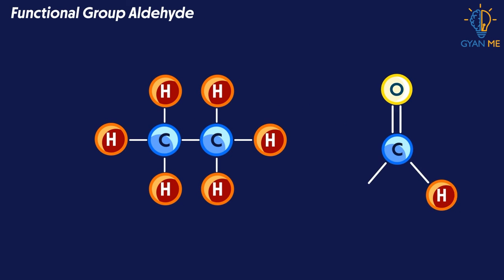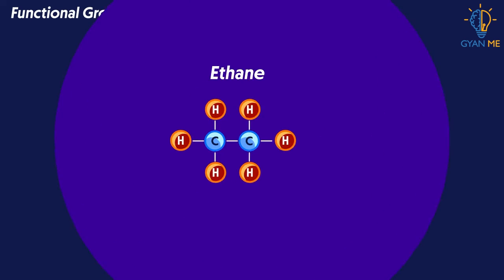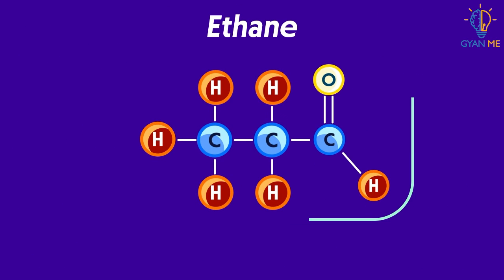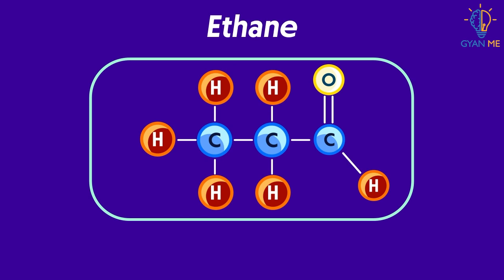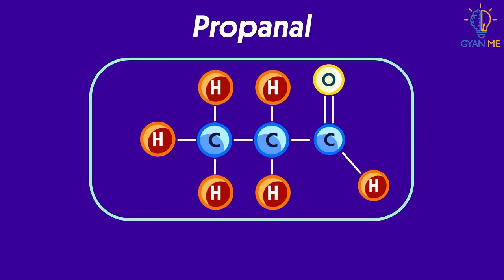When aldehyde is attached to the carbon chain, the suffix al is added after the compound name. For example, if one hydrogen is replaced by this aldehyde group in ethane, we get this compound and its name will be propanal. This is because we just add the suffix al to the name propane.